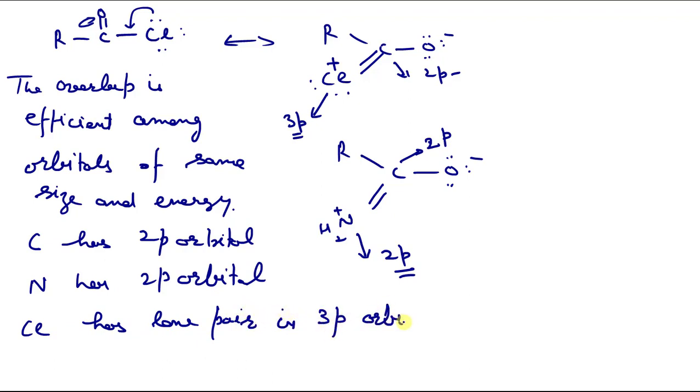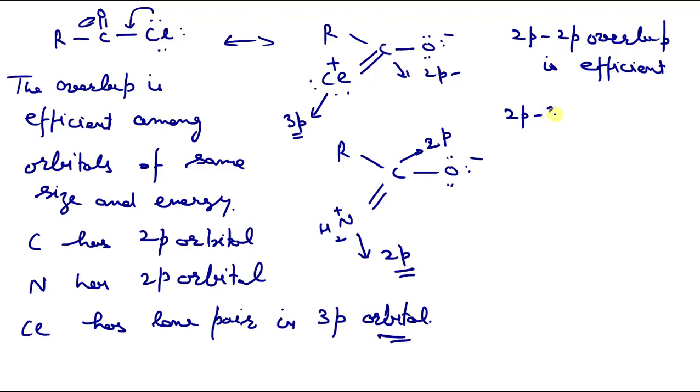So 2p-2p overlap is efficient. 2p-3p overlap is not efficient. Why? Because 3p orbital has a bigger size and higher energy than 2p orbital. They are not of same energy. That's why this overlap is not efficient.